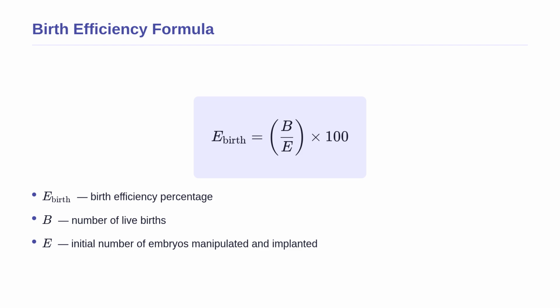The variable B stands for the number of live births, and E represents the initial number of embryos that were manipulated and implanted into the surrogate mother. We divide the live births by the initial embryos and multiply by 100 to get a percentage. If the physical stress of the implantation procedure increases, the number of live births, B, will decrease, which directly lowers the overall birth efficiency.